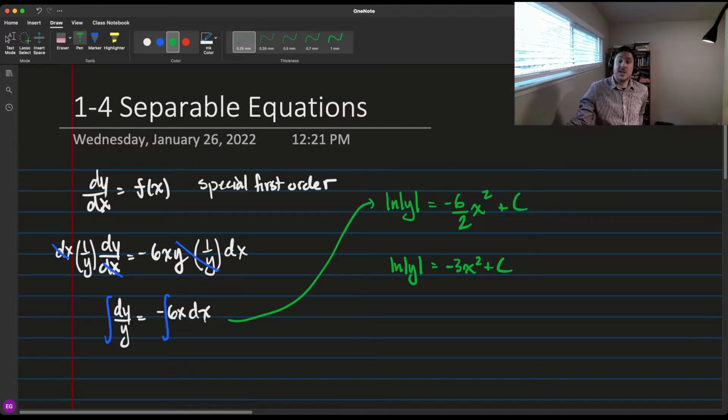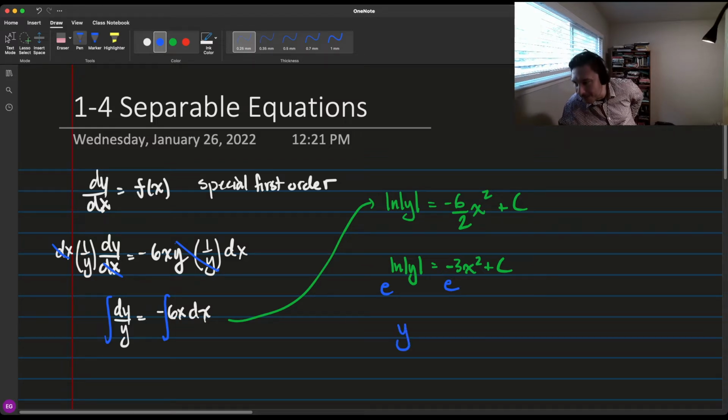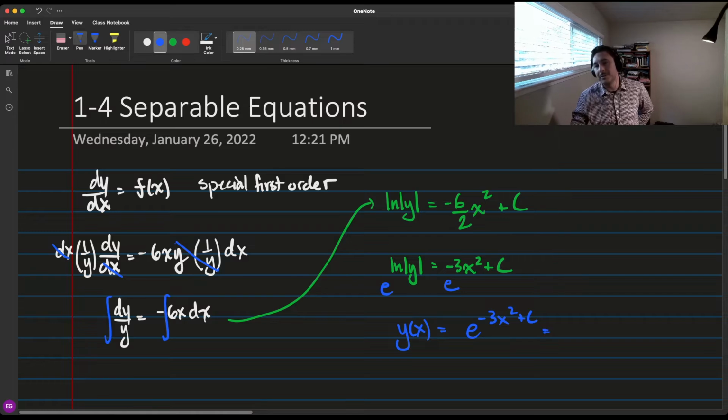Now remember, we're solving for y, so you can raise e to that. Our previous equation will be the exponent. So you get y of x equals e to the minus 3x squared plus c. Now, you might remember the rules of exponentials. This is e to the minus 3x squared times e to the c.